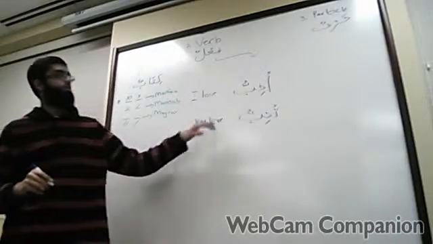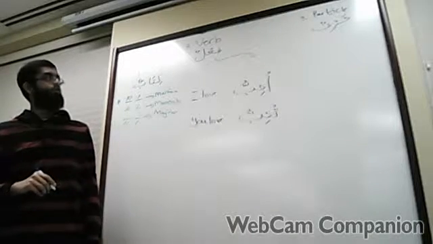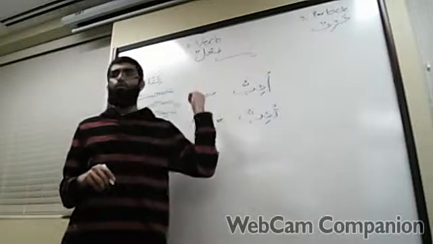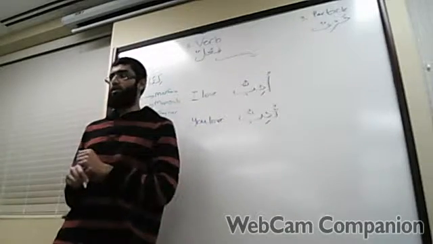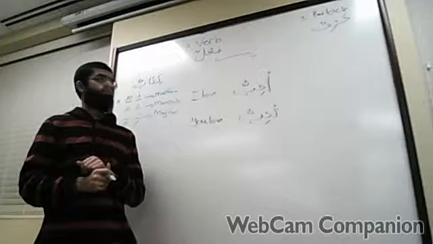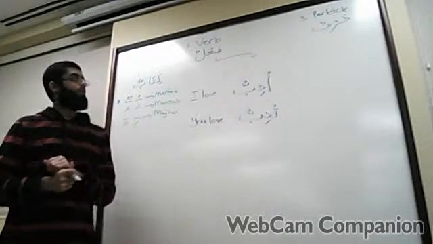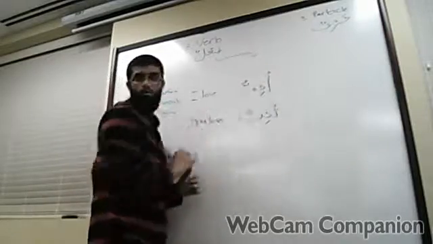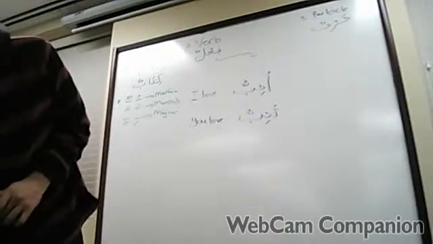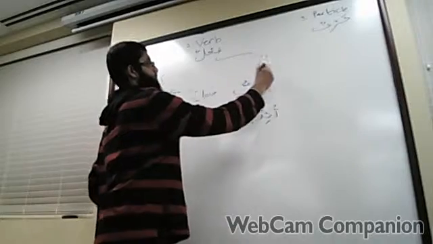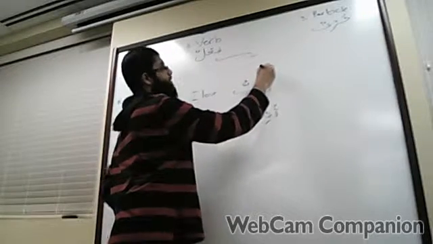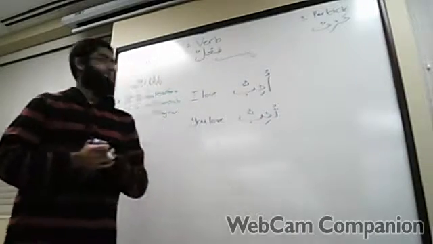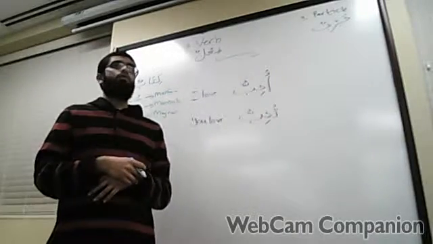So uhibbu and tuhibbu. What do you notice that's different about these verbs compared to what we wrote before, dhahaba, kharaja? Something is added at the beginning. What's added in the beginning? The alif and the ta. The other verbs had it at the end.